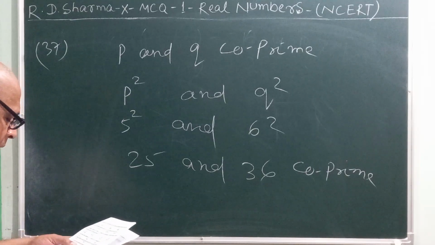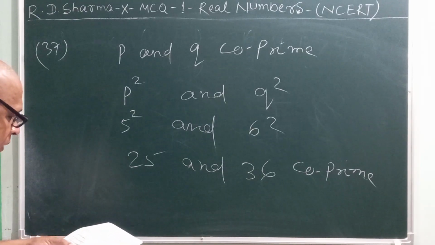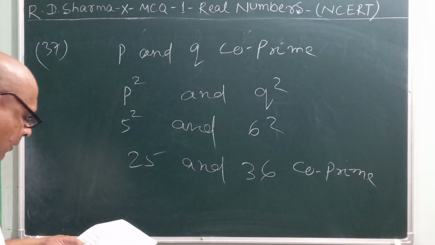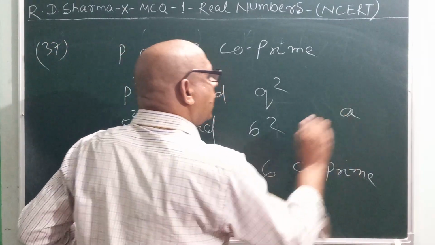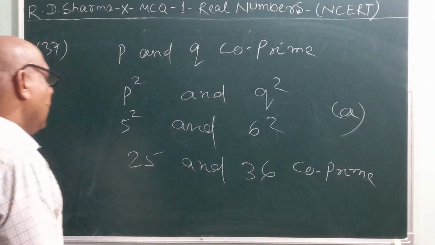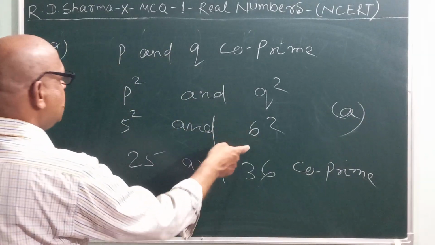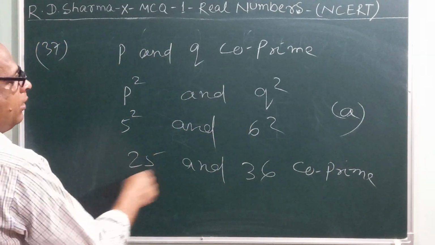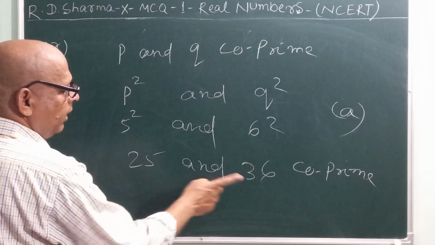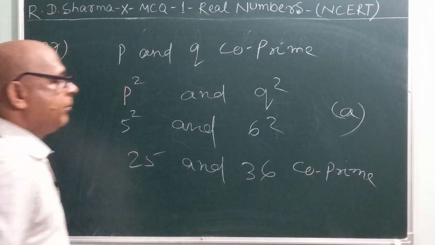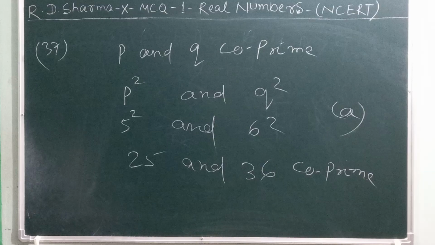If P and Q are co-prime numbers, then P square and Q square are also co-prime. Answer A.